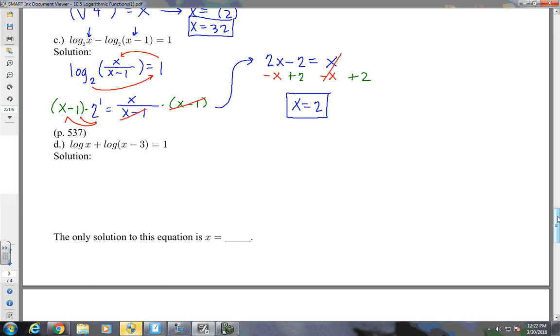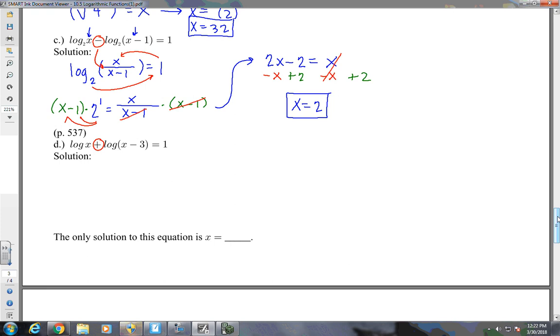On example D, again, we have two individual logarithmic terms. We need to condense to a single logarithm before we convert to exponential form. This one's different than the previous one because instead of subtracting the logarithms, I'm adding the logarithms. When we subtract the logarithms, it indicates a quotient or a division that occurs in the new argument.